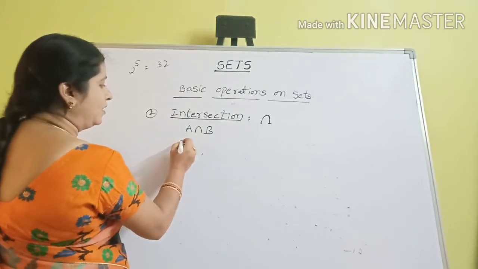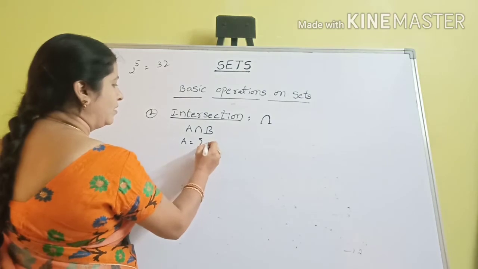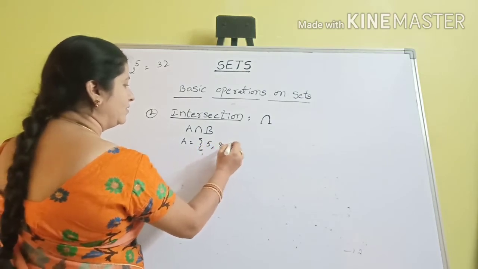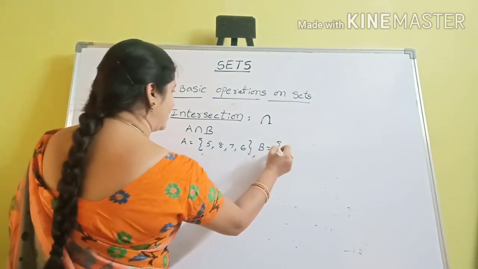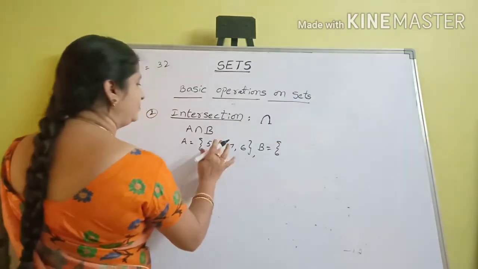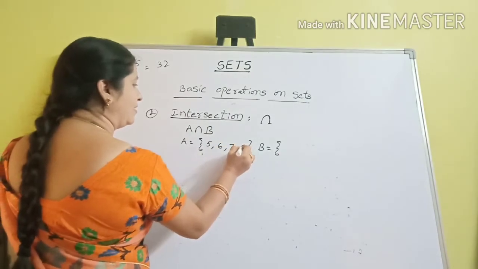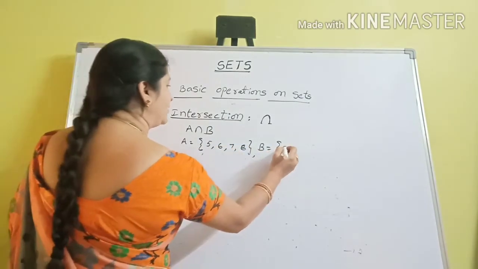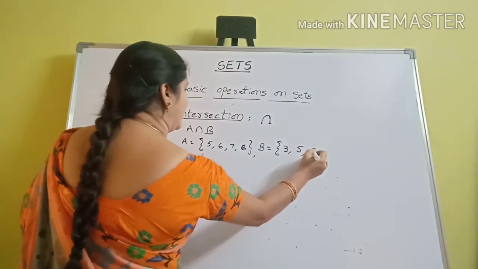For example, A equals set of 5, 8, 7, 6. B equals set of 3, 5, 8, 12.